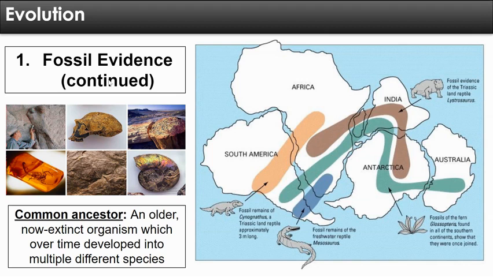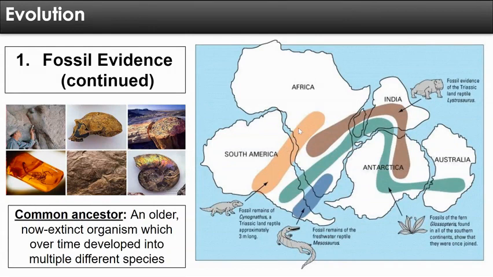Here's some fossil evidence continued, and we'll notice at earlier stages in Earth's history, I don't know if you've ever heard of Pangea, but when all the continents were one before they really broke apart and spread across the globe, we can piece the continents back together, and you'll notice through evidence that there are fossils that are similar from one continent to another.